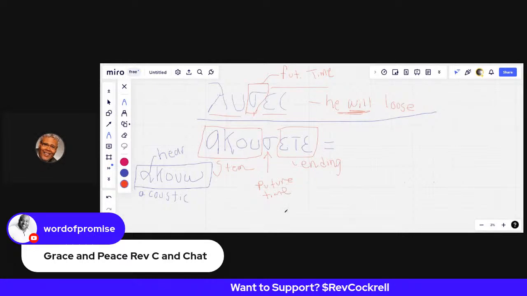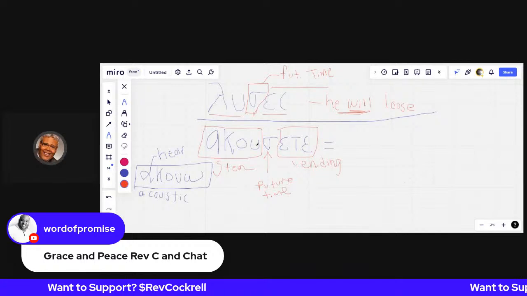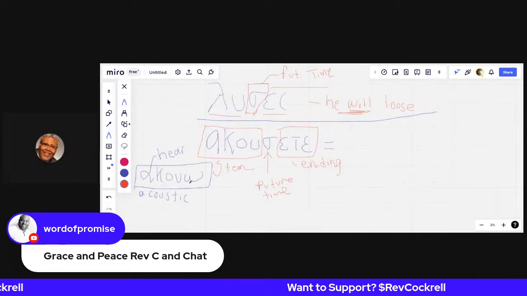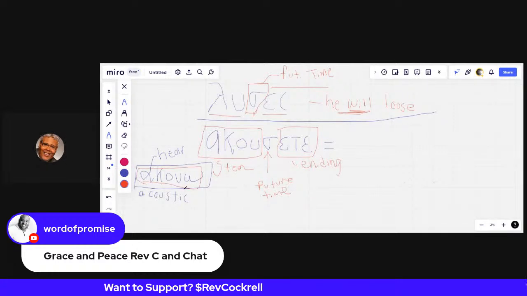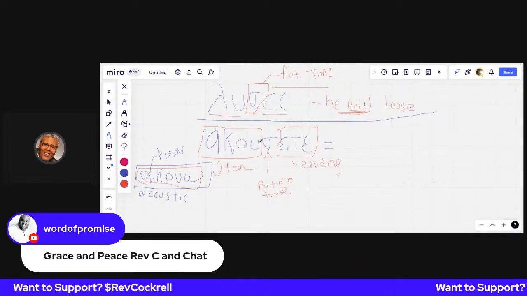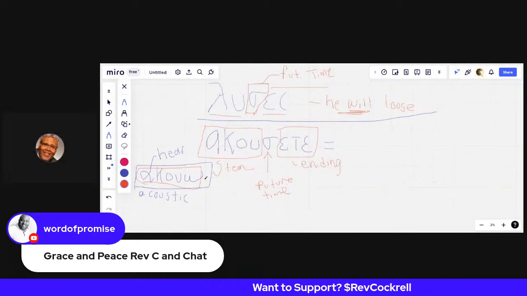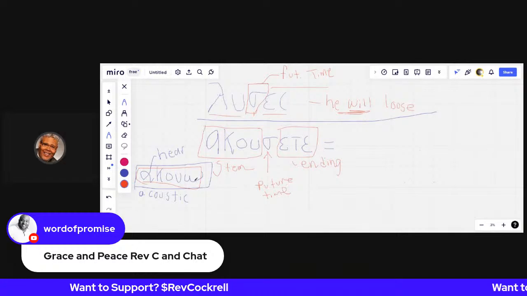How can you find the stem? How do you know if something's been added? You check your stem or your root. This is how you're going to find it in the dictionary. So you look here, oh, there's something added, so I know it's no longer present. This is going to be a future tense. The ending's still the same.